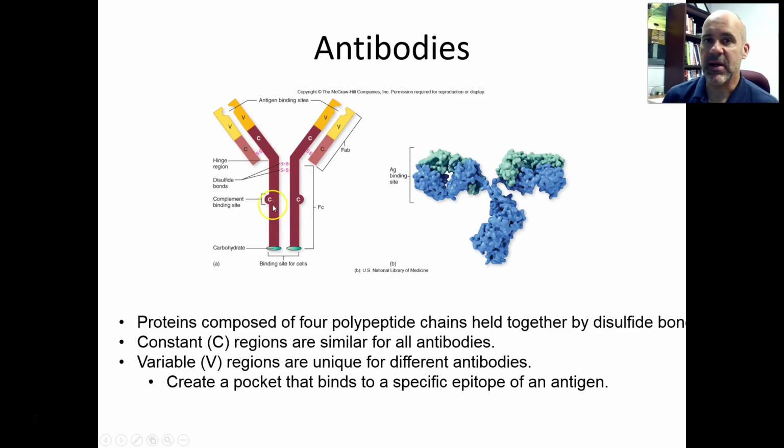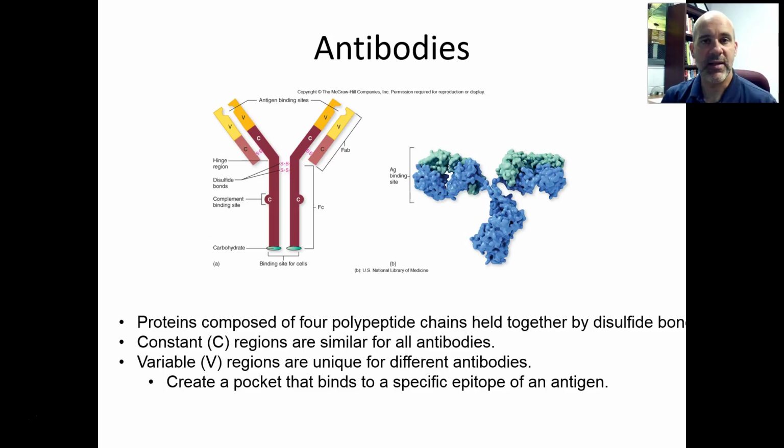And then remember when we talked about the complement protein system at the end of Chapter 12? Notice there's a complement binding site on the stems of some antibodies. When some types of antibodies attach to a microorganism, that will attract complement proteins that set off that whole complement cascade that we talked about.